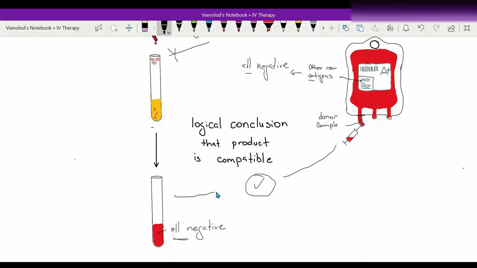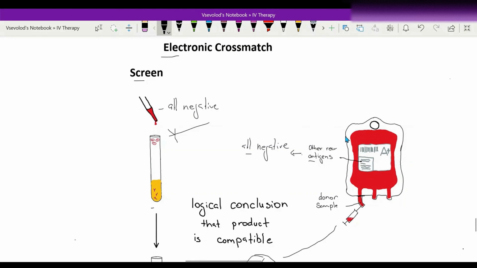There is no actual physical mixing of blood. In the opposite scenario, if the screen of the patient or the unit of blood showed that there are some antibodies or antigens that are reactive, then manual cross-match will be necessary.